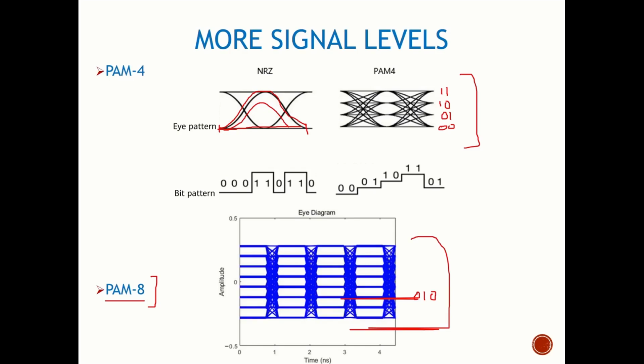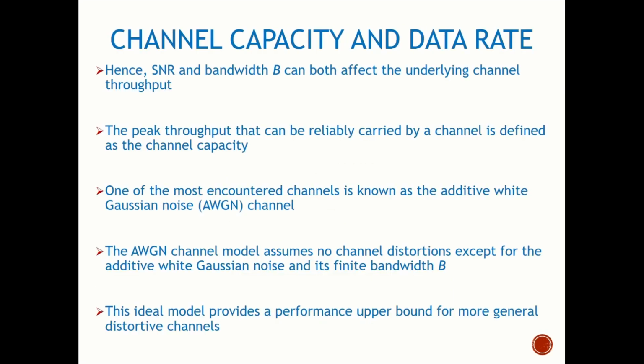So that means channel capacity and SNR are related, and indeed they are related through a formula for the channel capacity. That formula assumes that the channel has noise as well. It's called additive white Gaussian noise, AWGN. It's called white noise because its spectrum is quite broad.